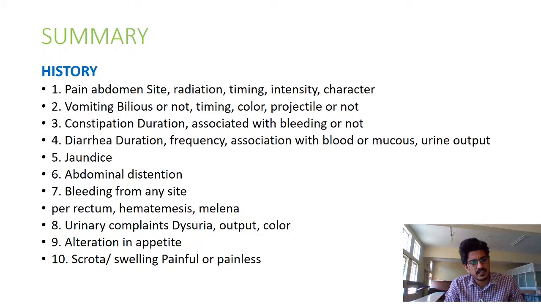And bleeding, any bleeding from any site like either melena or hematemesis, rectal bleeding. And in case of urinary complaints like dysuria, what is the color, what is the output, increased or decreased output, any alteration in appetite. And sorry for the mistake, that is scrotal swelling, whether it is painful or painless.